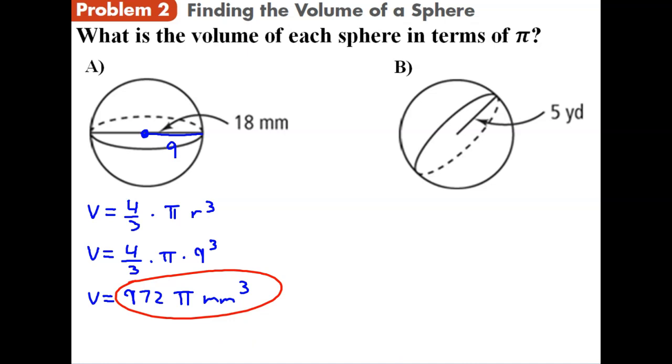So again, pretty simple. All you're doing is plugging in the radius to this formula here. Part B is the same idea. I want you to pause the video, give part B a shot, and then hit play to check your answer.